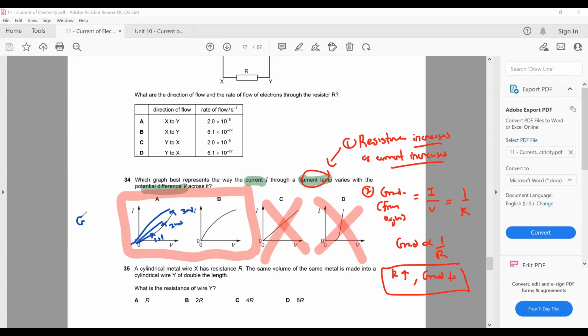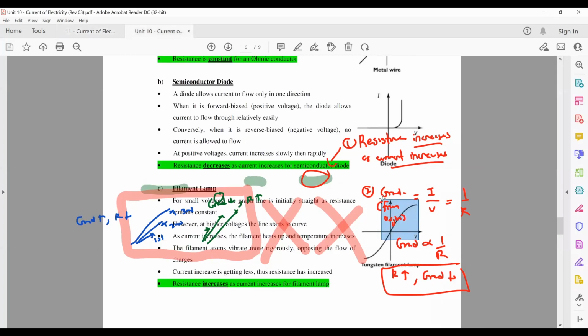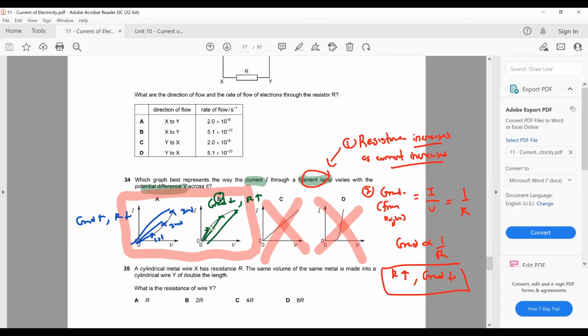Notice that the gradient here is increasing, so resistance here is dropping. But then you do a similar analysis for the answer choice B. You notice that this gradient is dropping, so resistance is increasing. So answer should be B, which is what you're actually seeing in the notes. Graph of I versus V looks like this. Okay, so answer is B.